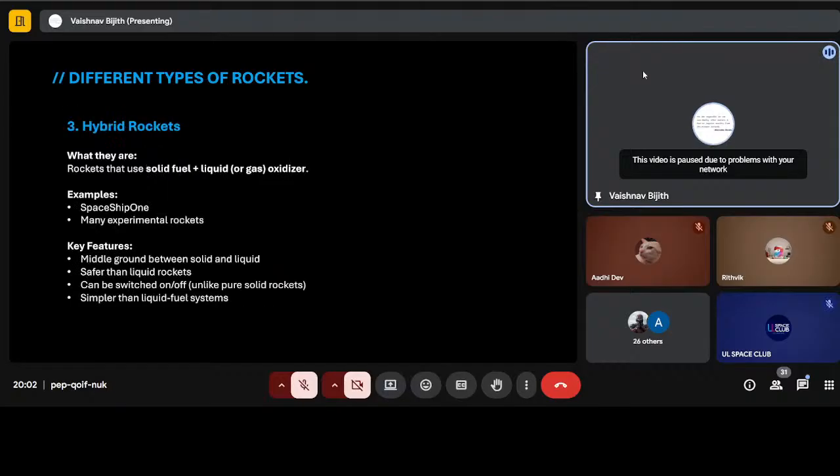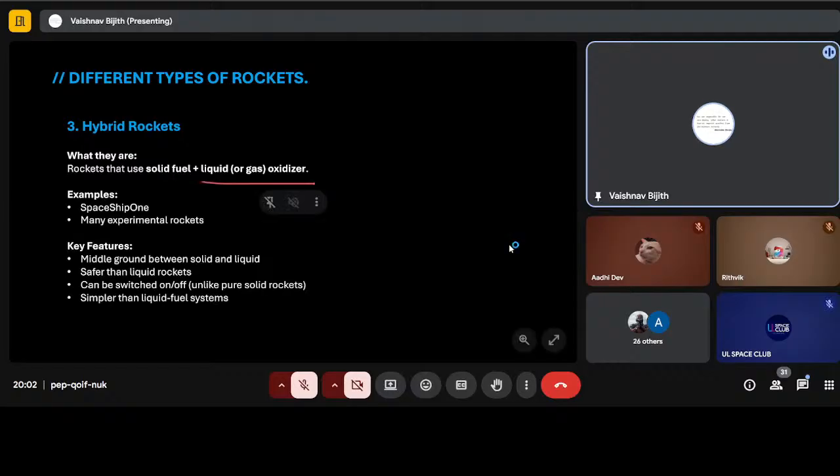Okay, so next up we have another set of rockets, the hybrid rockets. From the name itself, we can get the idea that they use a mixture of both solid and liquid. Commonly they use a solid fuel and a liquid oxidizer.